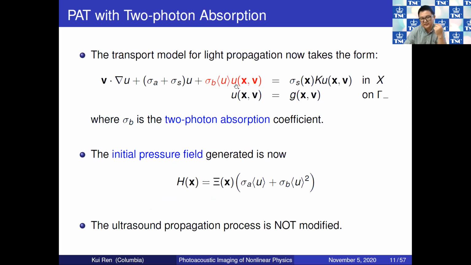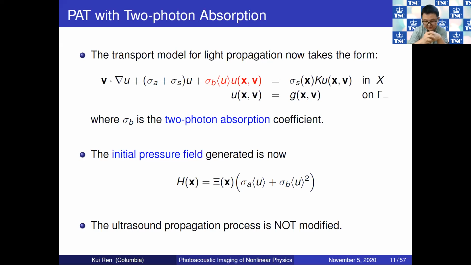Two-photon absorption, the total absorption will be proportional to U squared, because U has a probabilistic representation. U is basically the probability you observe this photon at this location traveling in that direction, after normalization.